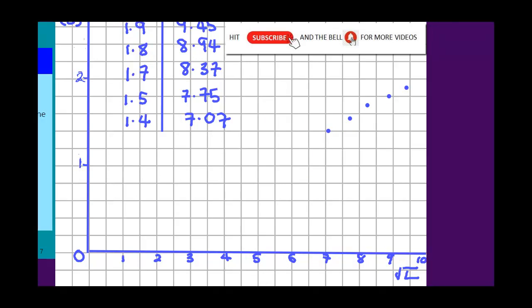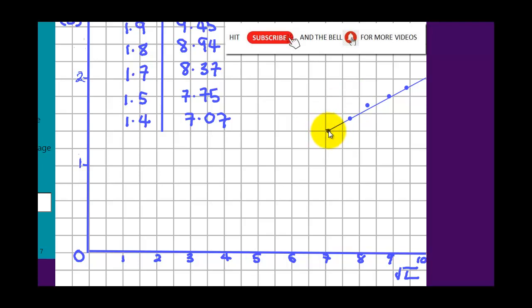So the next thing I'm going to do is to use a straight line to join my dots. Now, you have to make sure at least 3 of the dots are joined by the line. Now you can see how straight my graph is.